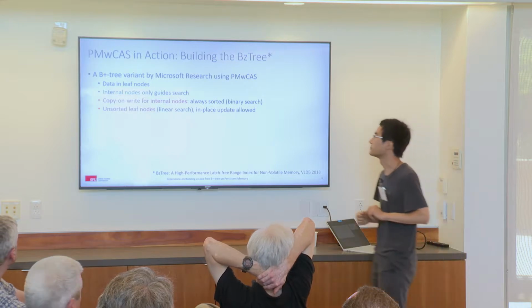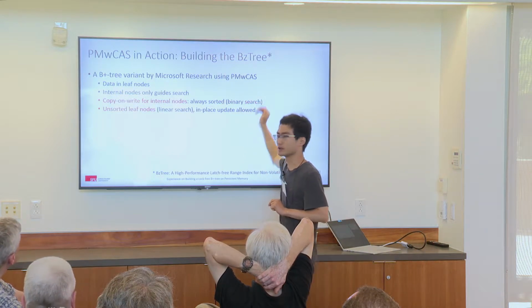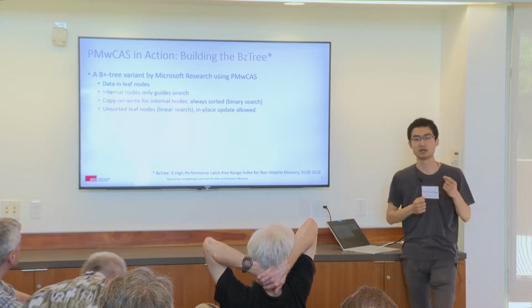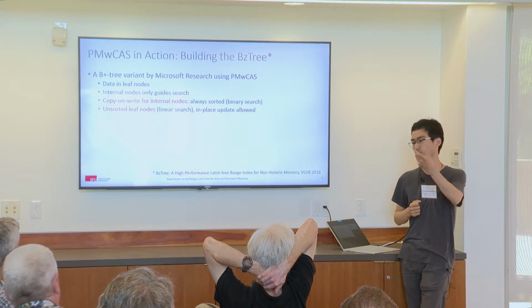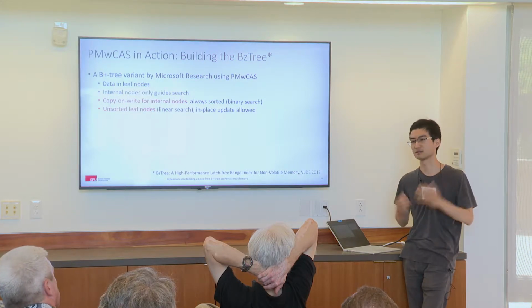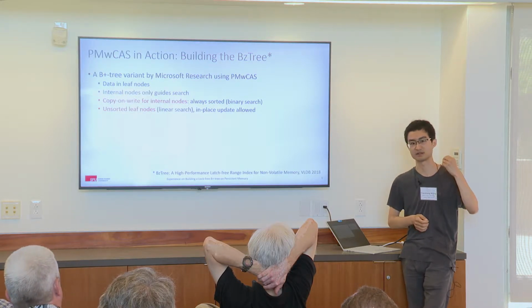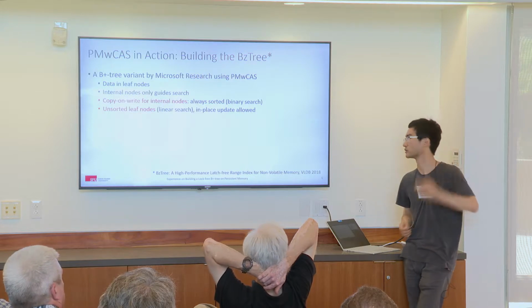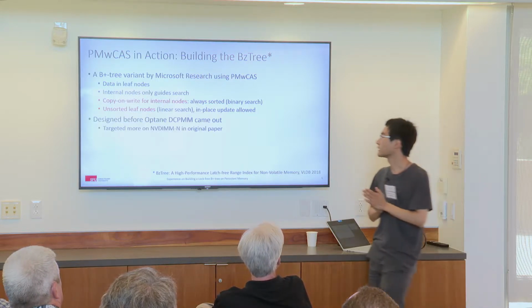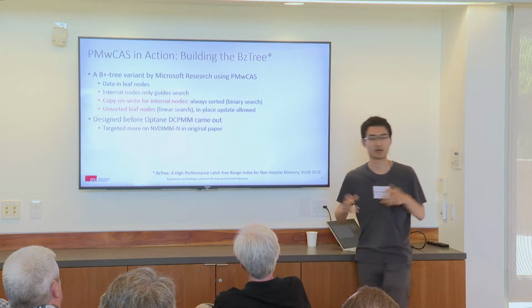Okay, and here by copy on write, what I really mean is copy on insert or delete. It only happens when you put a new key in it or remove a key from it. It doesn't have to be copy on write if you just update a pointer that's already in that internal node.